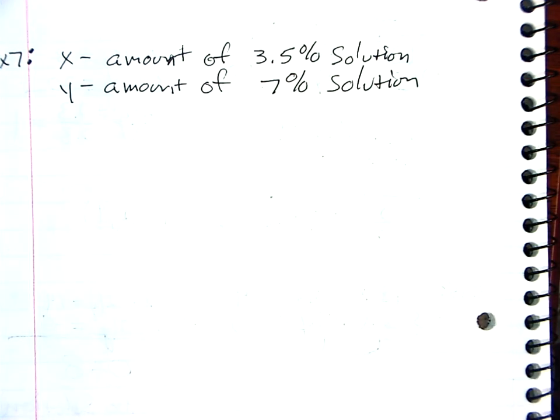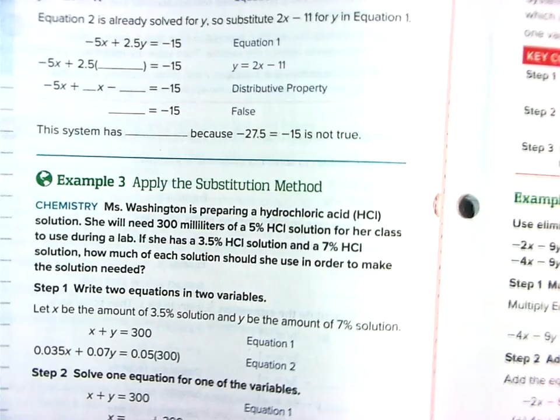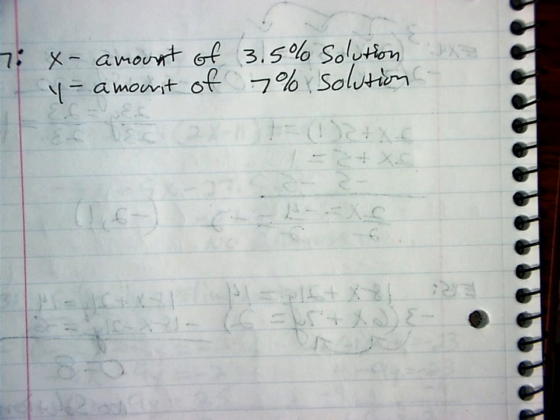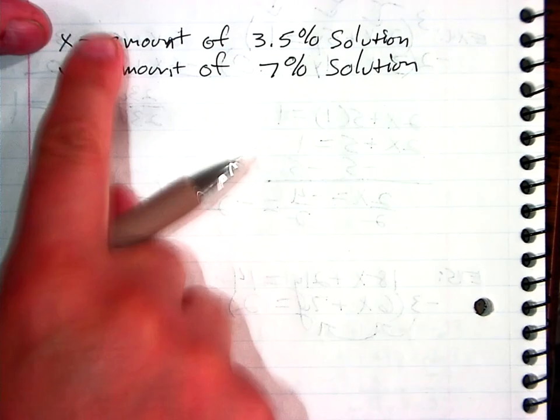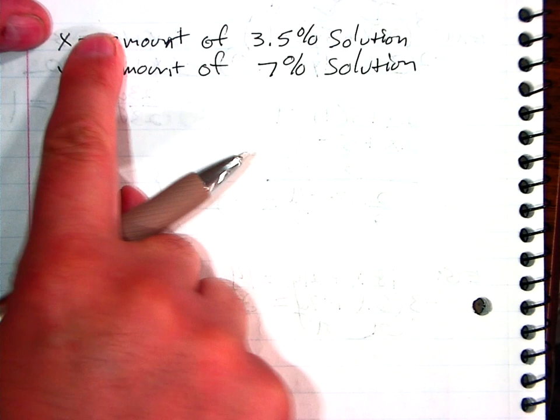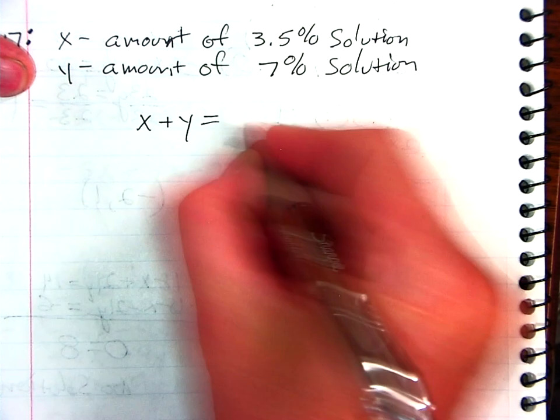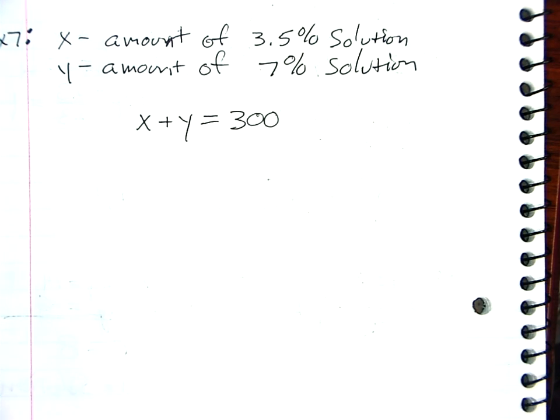All right, let's go back to Miss Washington. It says we need 300 milliliters of 5% solution. So we need 300 milliliters, and what are we combining to get the 300 milliliters? We're combining X and Y, so we know X plus Y must equal 300 milliliters.